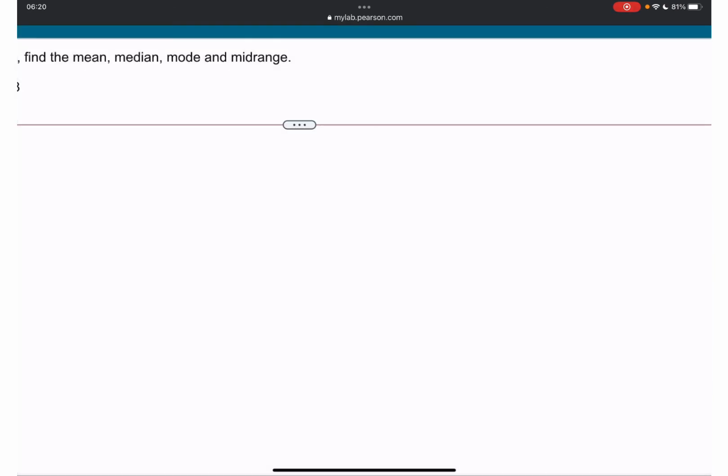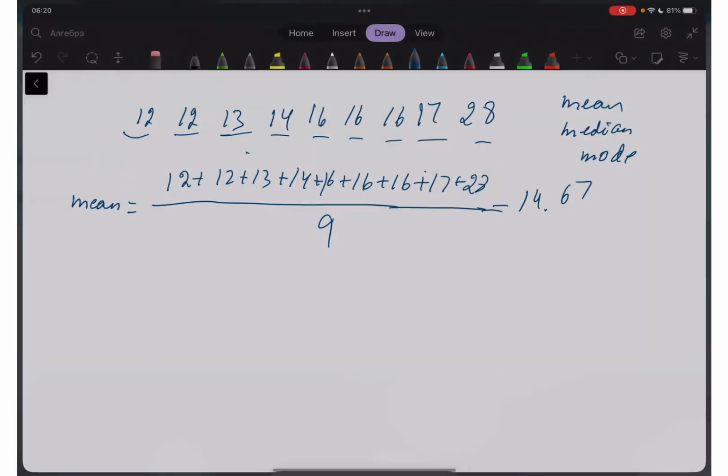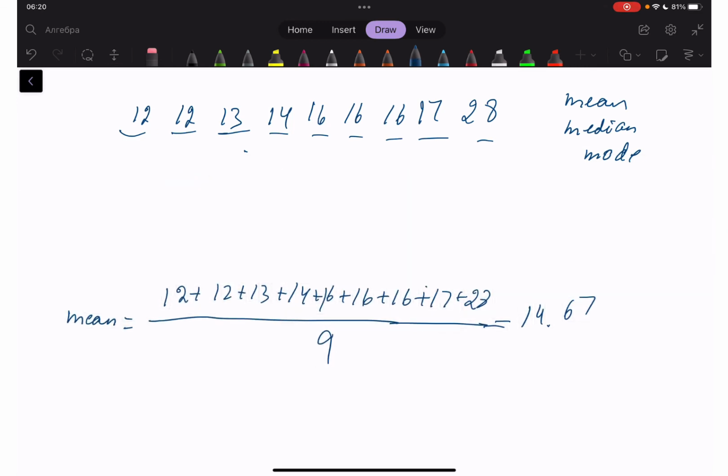Good job. So next we have to find the median. Let me explain. For median, you have to arrange in ascending order. Oh, it is already arranged in ascending order. Median is the value of the middle position, the center position.